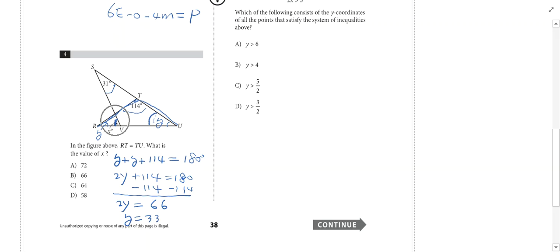This angle is called the exterior angle. So the x here must equal this angle 31 plus the Y, which is 33, so you will get 64. So the answer must be C.